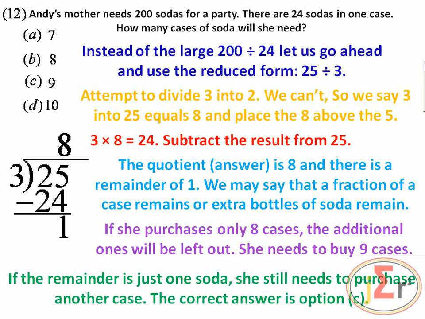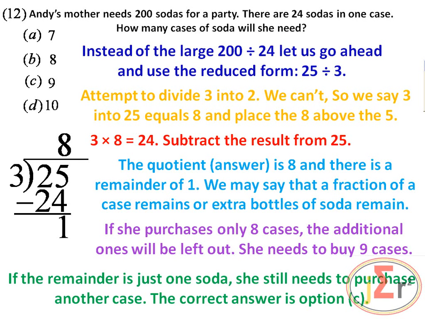If she's purchasing 200 sodas, she needs 200 sodas. 24 in each case. We divide 200 by 24. When we do that, we get 8, and there are remainders.